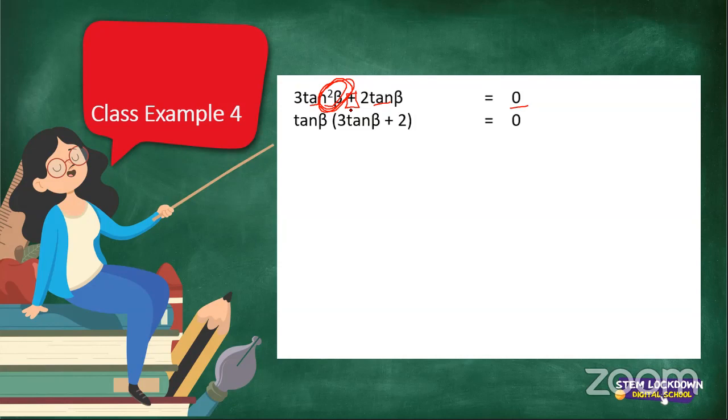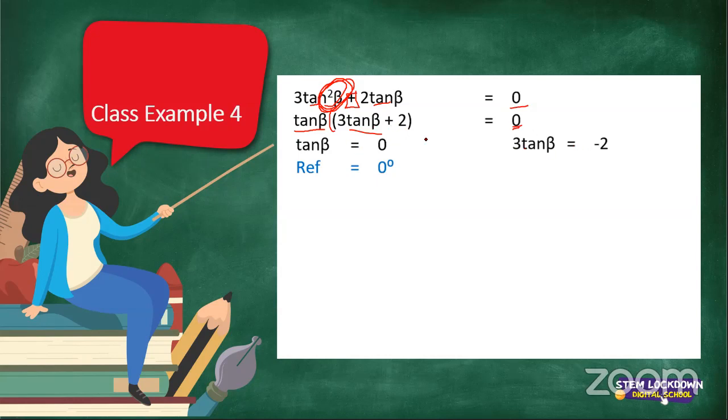Right? So if you remember then our equations, we know that tan beta then forms its own equation equal to 0. And this also forms its own equation equal to 0, right? So we start with tan beta. With tan beta equal to 0, we come to a reference angle of 0 degrees. Then we move on to the right side where we're doing 3 tan beta plus 2 is equal to 0.